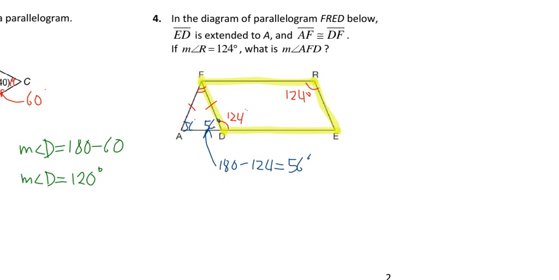So the measure of angle AFD should be equal to 180 minus 56 plus 56. So it's 180 minus 112.